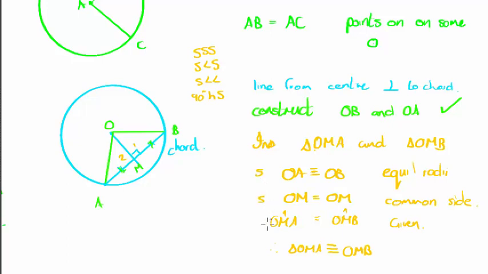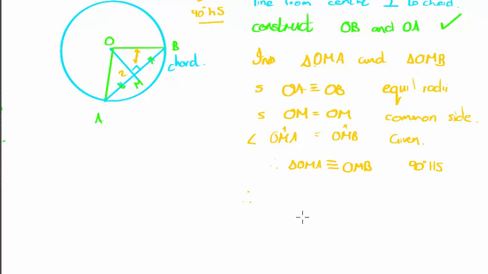So notice we did side, side, and angle. That's fine, but then the angle must be between the two sides, if you use that one. Oh, then it's not. It's 90 degrees hypotenuse. So in other words, if you use this opposite side in your proof, then you know it's 90 degrees hypotenuse side. Okay. Cool. And now we conclude.